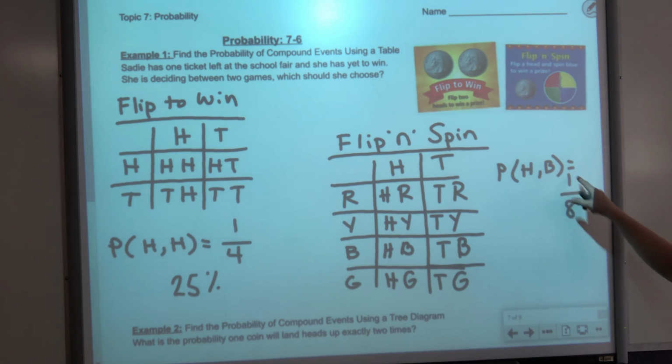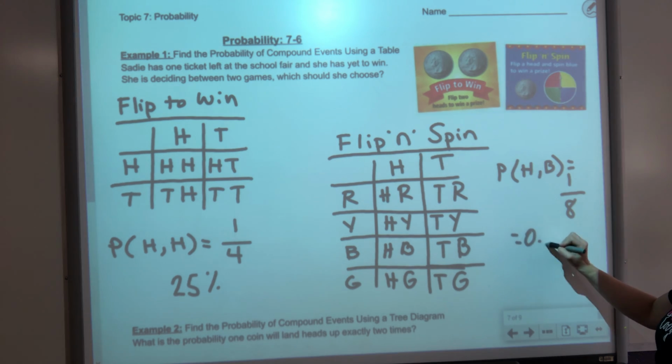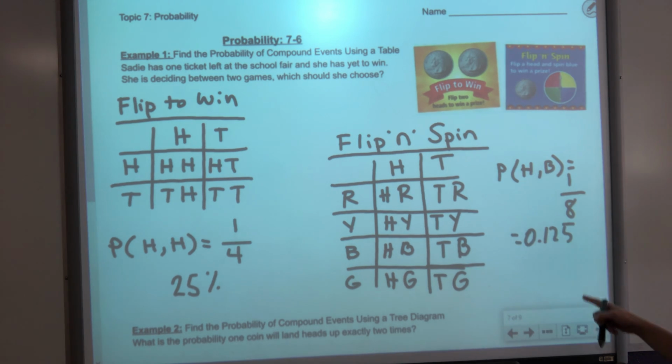So in your calculators, 1 divided by 8, that's going to give you your decimal. So 1/8 is 125 thousandths.